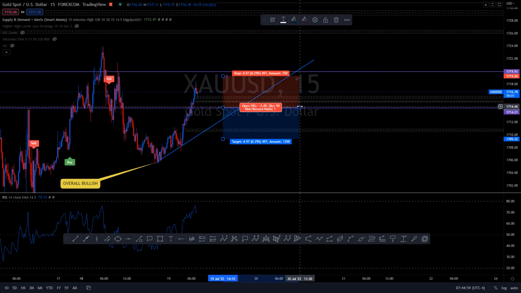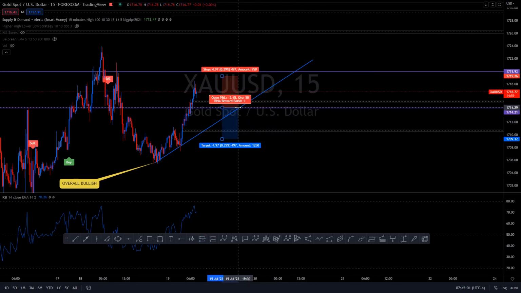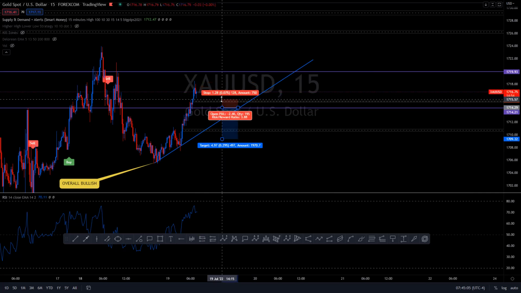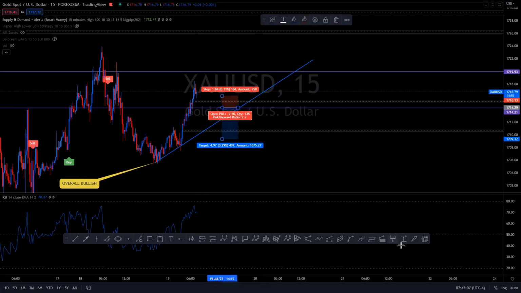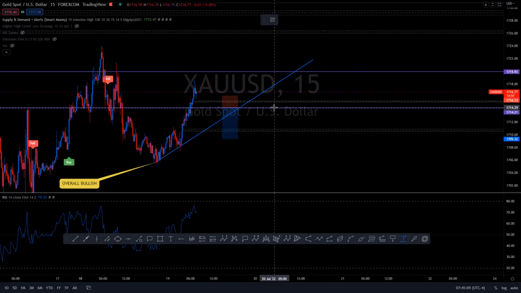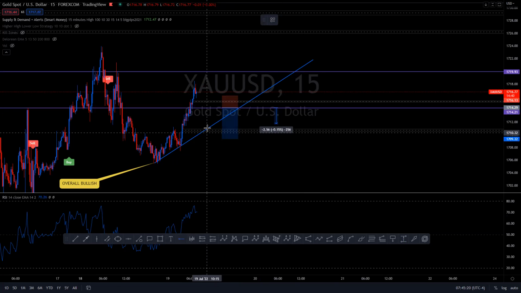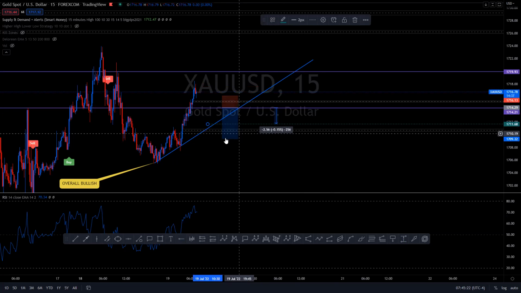So if price sells, then I'm looking to catch at least 250 to 300 points of gold. So 256 is going to be the first take profit here.